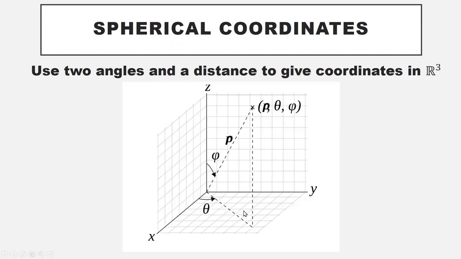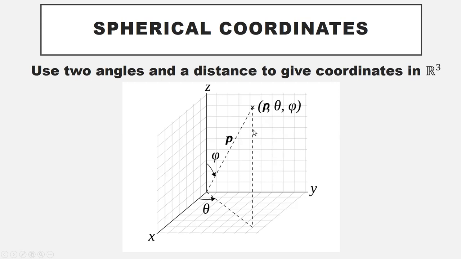So if you look at this triangle, this length here in the XY plane is actually our length R. And this is the height. So this is Z. So this is R, this is Z, and obviously our theta, phi here.